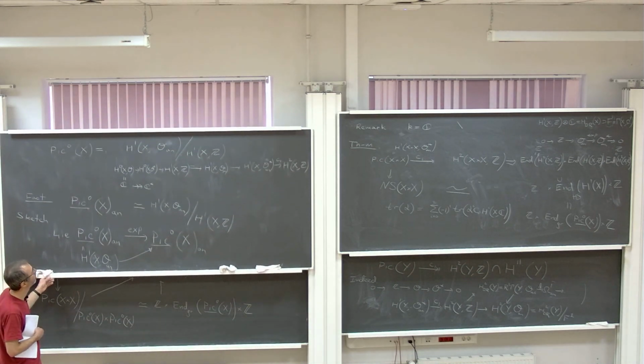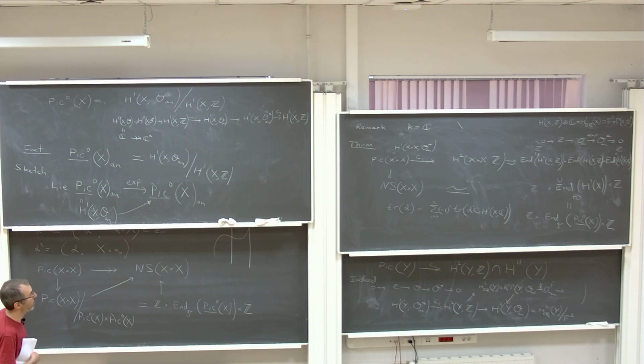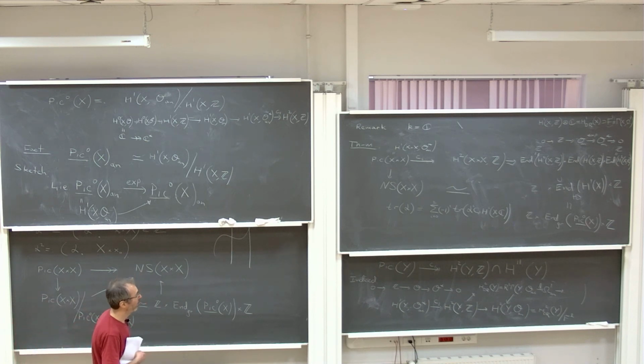Okay? So I think my time is over, but the theorem is proven. And I think I will take another 20 minutes next time, tomorrow, to tie up the last end, and then we will move to the construction of étale homology.